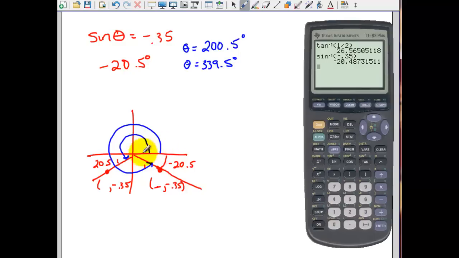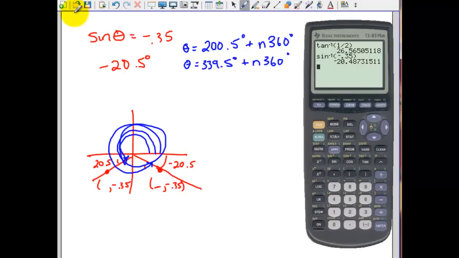And these are not the only solutions, because for each of these angles we could do all of the coterminal angles for each spot. So we could add multiples of 360 degrees here. So if we were trying to find all the solutions, there would be an infinite number of solutions.